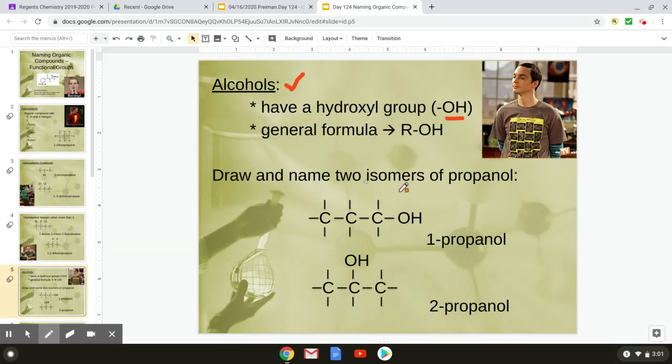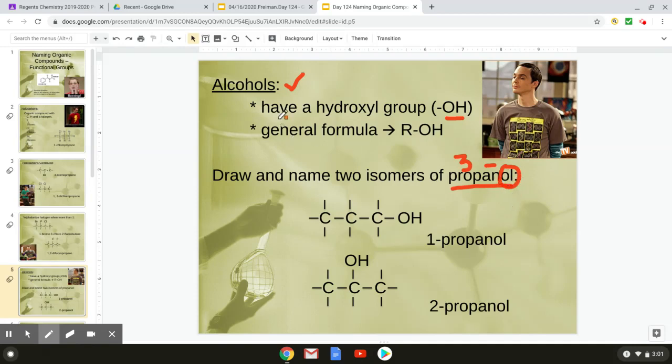So if we had to draw 2 isomers of propanol, we need to first think about what this compound has in it. Prop stands for, when we look at table P, 3 carbons, and we've dropped the E off the end of it, so it would have been propane, which stands for a single bond, so sharing of 2 electrons. And then on the end, when you look at table R, the ending of these words is OL, for alcohol.